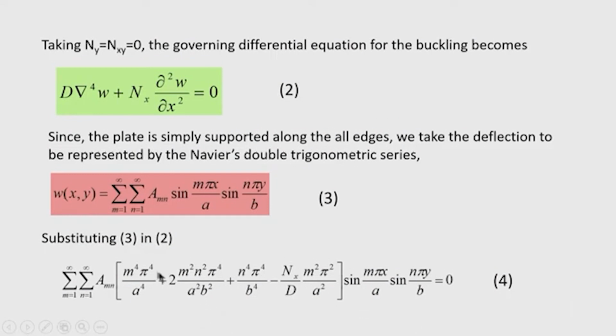Another possibility is that a_11, a_12, a_13 etcetera should be 0, that means the coefficient a_mn is 0, but this is not possible, because if a_mn is 0, then the solution that I will get is a trivial solution. So, it will not serve the purpose of finding the buckling load. Therefore, a non-trivial solution is only possible when the quantity inside the bracket that you are seeing here is 0.